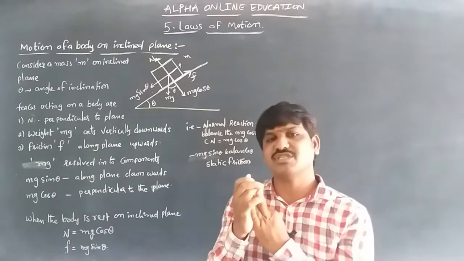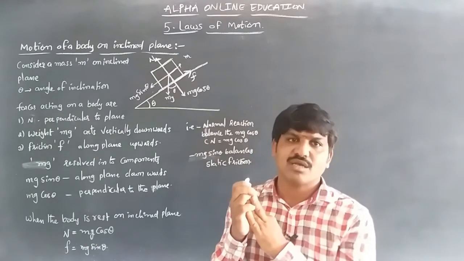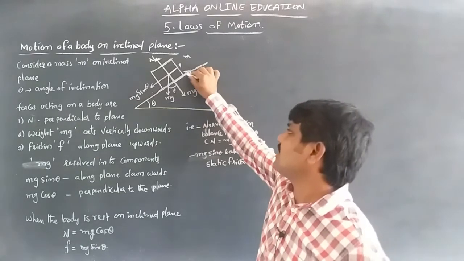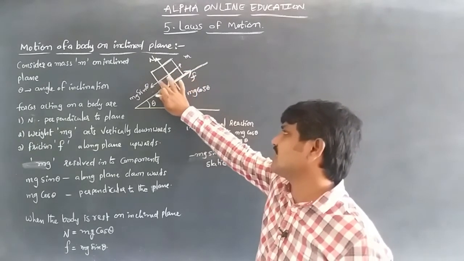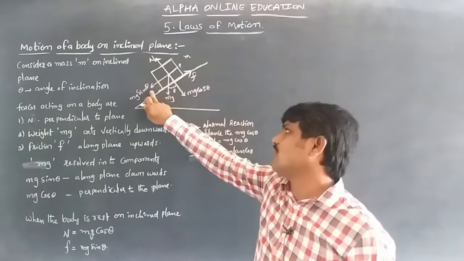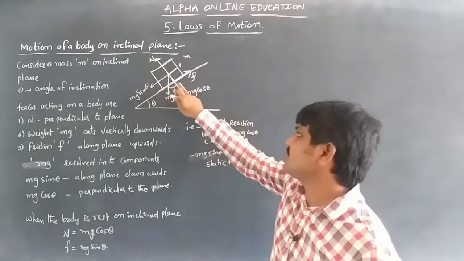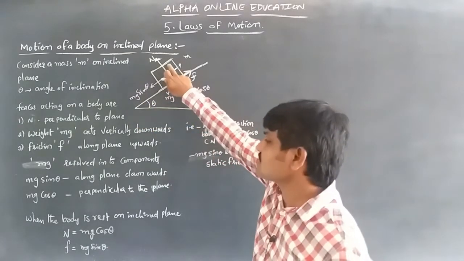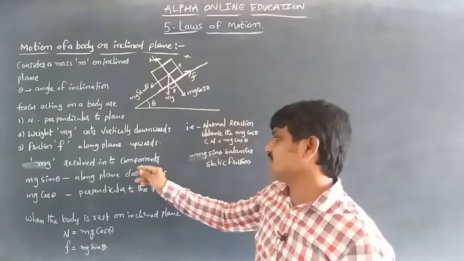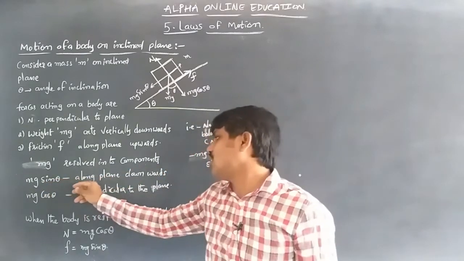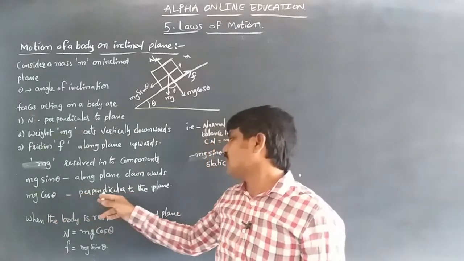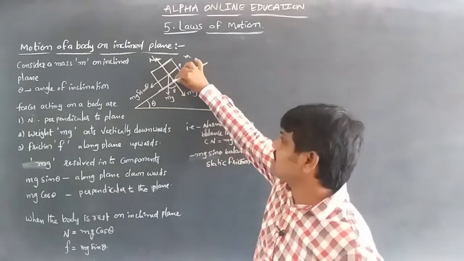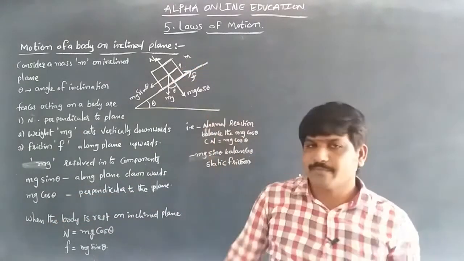When mg is divided into components, mg sin theta acts along the plane downwards, and mg cos theta is perpendicular to the plane and balances the normal reaction.